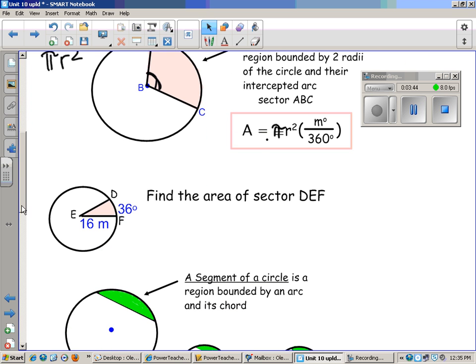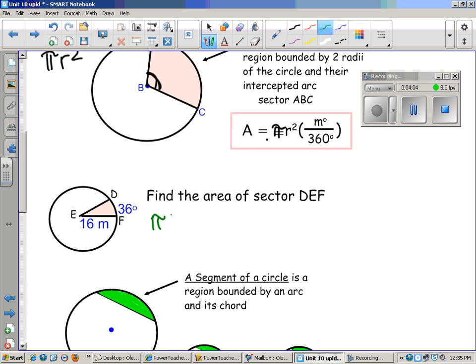So let's try one. We're trying to find the area of sector DEF. First I need to find the area of the circle. So what would that be? Right, pi times 16 squared.